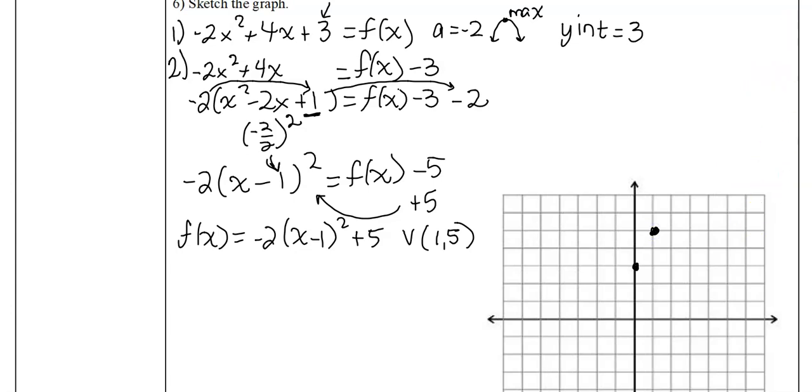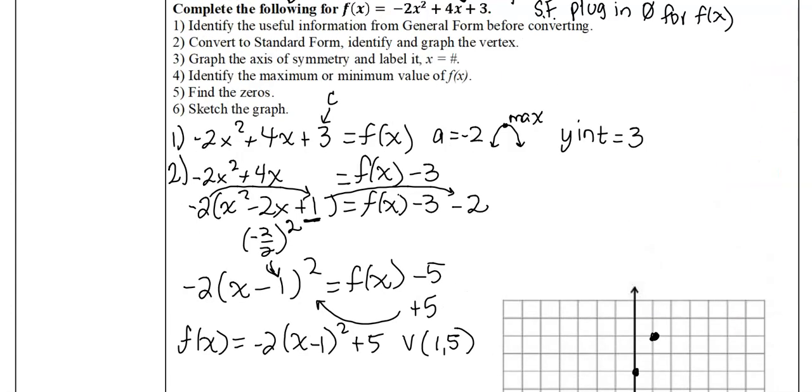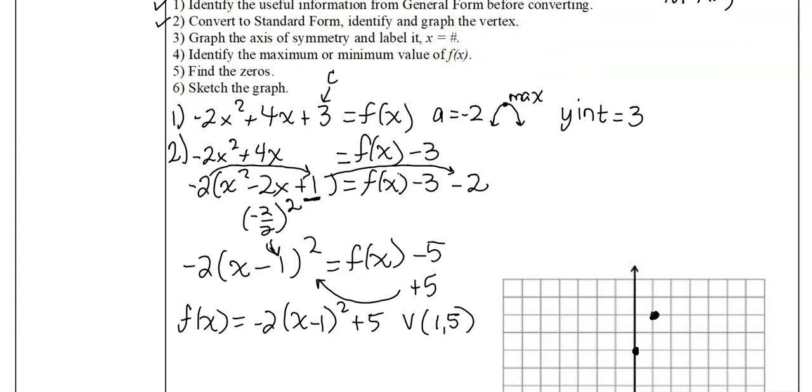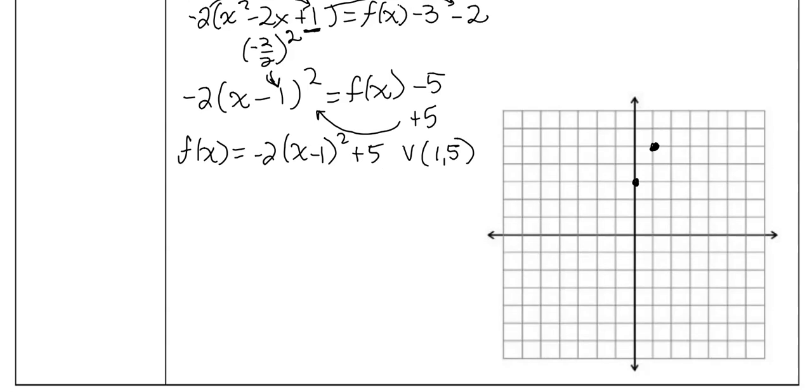that. Okay, so let's take a look at if we did everything for step 2. We did what we needed in step 1. Yep, we converted it to standard form, identified, and graphed the vertex. We did that. All right, next it says graph the axis of symmetry and label it x equals whatever x equals. All right, so let's take a look at this.